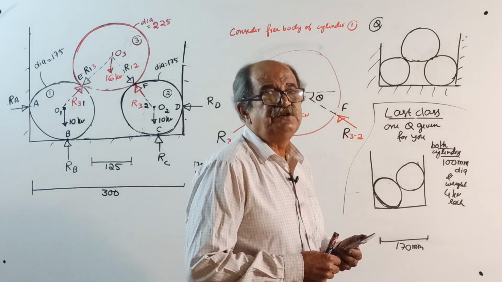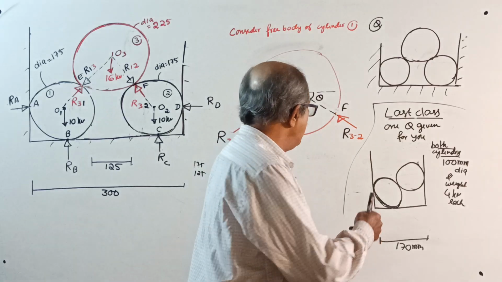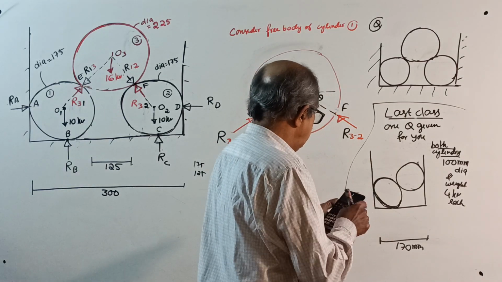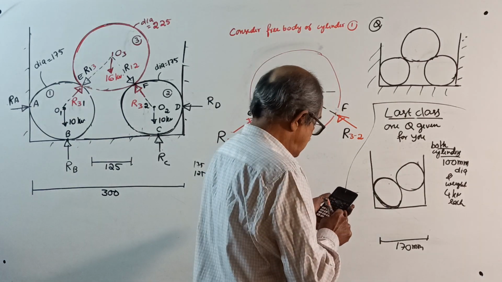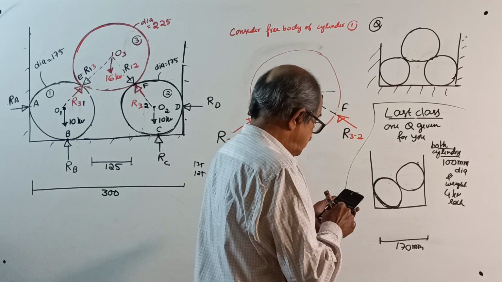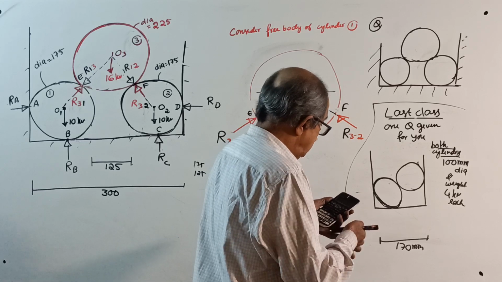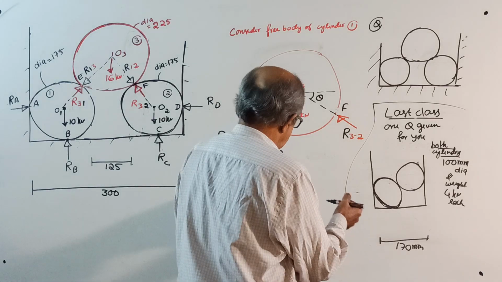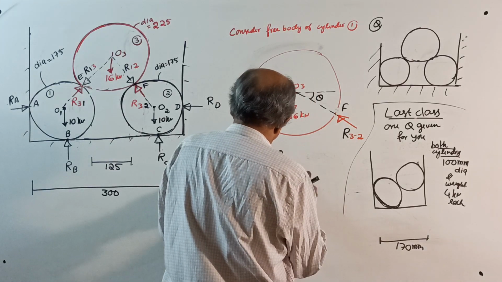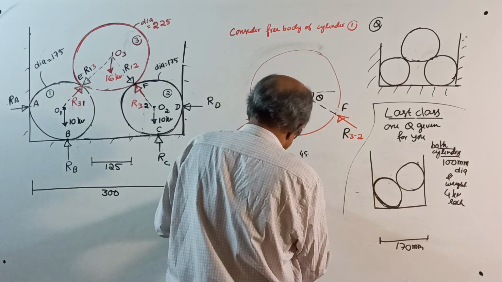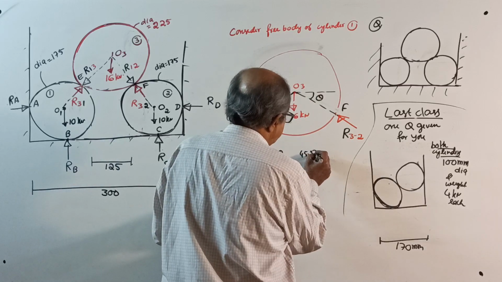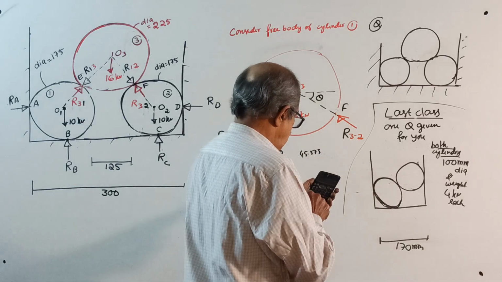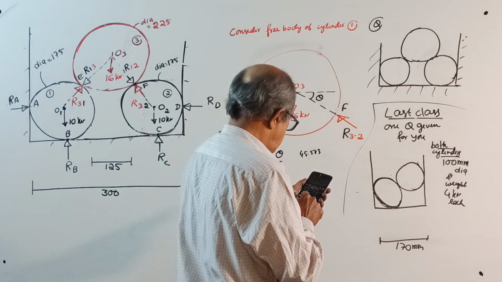To solve the question, I don't require sketches. I will imagine. It is 170 minus 100, which is 70. 70 divided by 100, shift cos inverse, the angle is 45.573 degrees. Then directly 4 divided by sine 45.573.